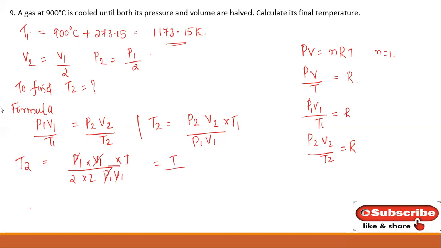We will get T1 upon 4. That is, T1 we know is 1173.15 divided by 4. On dividing this, we will get T2 is equal to 293.29 Kelvin. This is the value of T2.